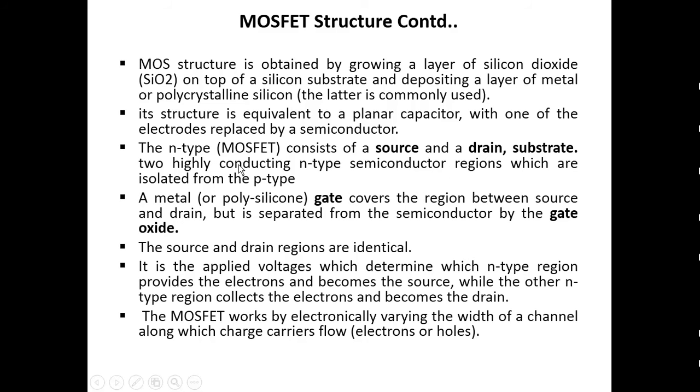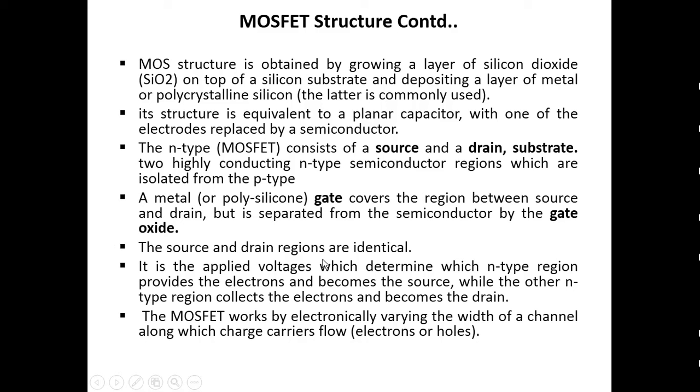The N-type MOSFET consists of a source and a drain, two highly conducting N-type semiconductor regions which are isolated from the P-type substrate. A metal or polysilicon gate covers the region between source and drain, but it is separated from the semiconductor by the gate oxide material SiO2 that we have seen already.